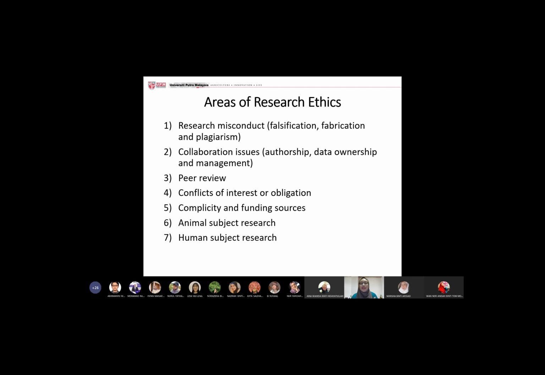This is also not that related, but in the future I think it may be of interest to some of you. Other than that, we have peer review, conflicts of interest or obligation, complicity and funding sources. If you're working with animals, what is the ethics related to that? And also lastly, human subjects.